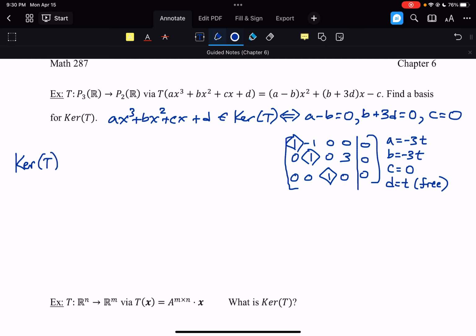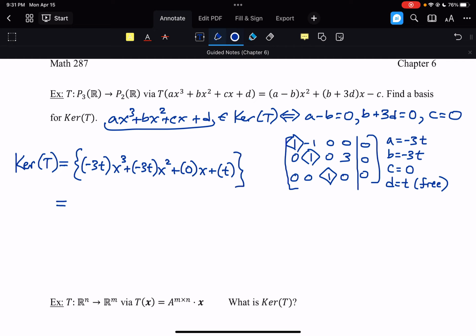So the kernel of T is going to be a set of polynomials from P3 that have this relationship among their coefficients for A, B, C, and D. So it's going to look like -3T times x cubed plus -3T times x squared plus 0 times x plus T. If we simplify that down a little bit, we get -3tx cubed minus 3tx squared, that's 0, so just plus t.